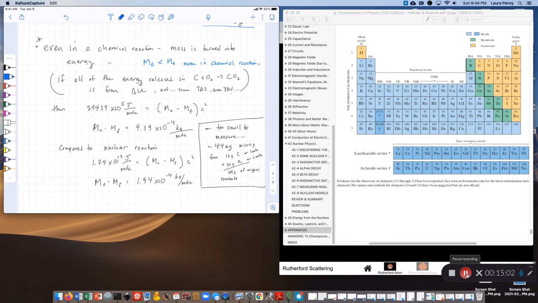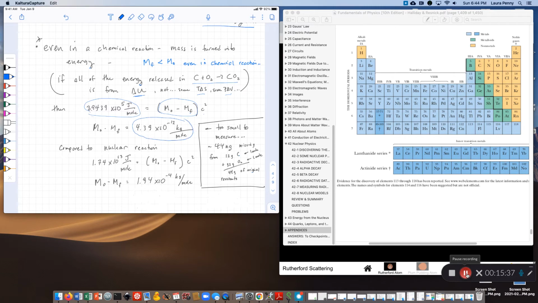So if all the energy that's released in this reaction is coming from a change in the potential energy, the internal energy of the system, and not from, say, the entropy and the volume parts of the Gibbs free energy, so if this energy per mole is coming from a change in the mass of the products and the reactants, the carbon and the oxygen separate and then the carbon dioxide afterwards, the amount of mass difference would be this.